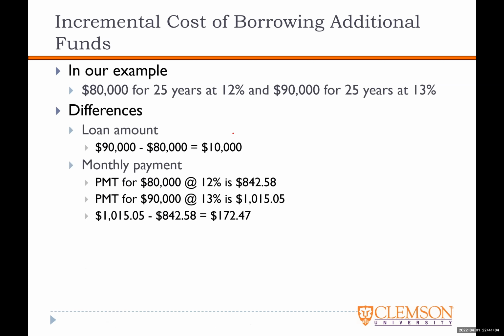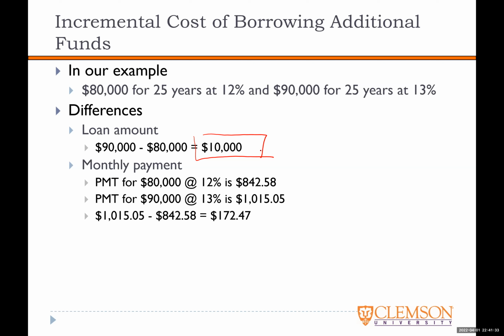So we should know how to calculate the loan balance very easily, right? It's $90,000 minus $80,000, you get $10,000 cash immediately. With the monthly payments, I'm pretty sure you know how to do the calculation.